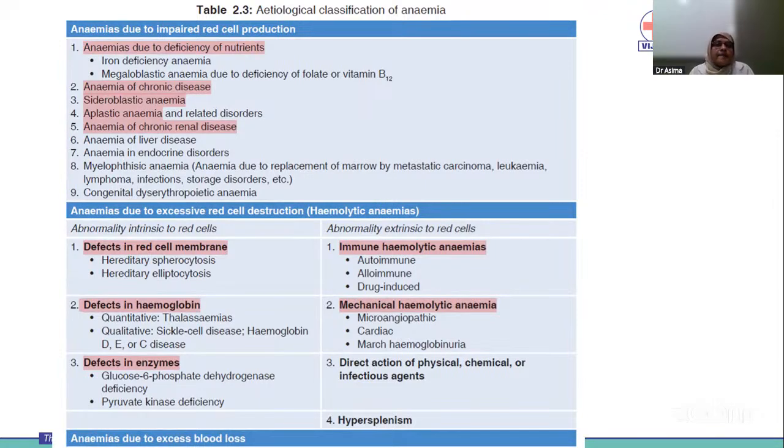In iron deficiency anemia, it may be due to nutritional deficiency, or it may be due to GI causes like Meckel's diverticulum and peptic ulcers, and things like that. We also have causes due to kidney involvement. Then we go to the megaloblastic anemia, and mostly this is due to deficiency of either vitamin B12 or folate.